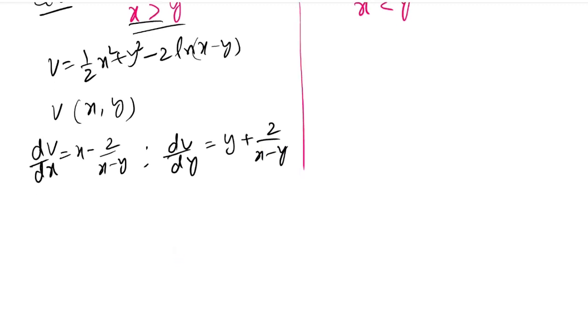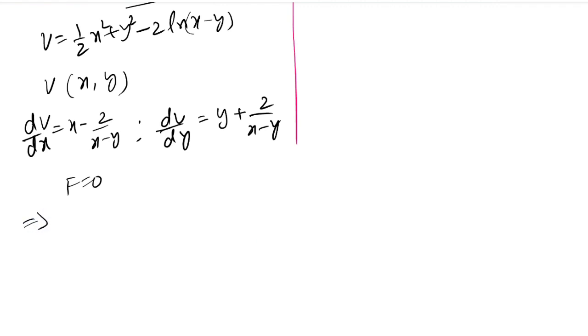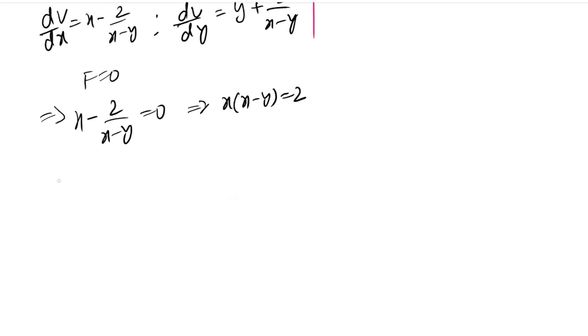So if you set both of them to 0, right? It means x minus 2 by x minus y is equal to 0. So it will yield x into x minus y is equal to 2. And the other one, y plus 2 by x minus y is equal to 0.